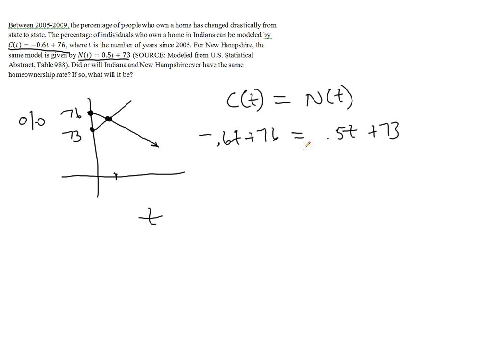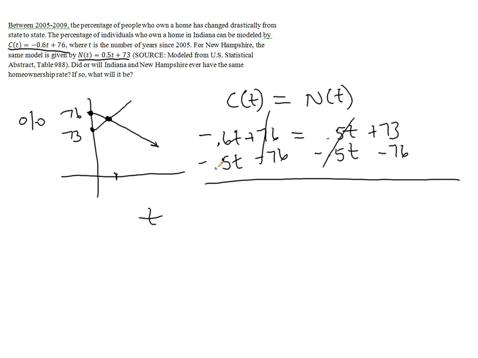This is a process of isolating t, so I'm going to move my t's to one side, and my constants to the other side. That cancels out, and this cancels out, and I'm left with negative 1.1t equals negative 3.